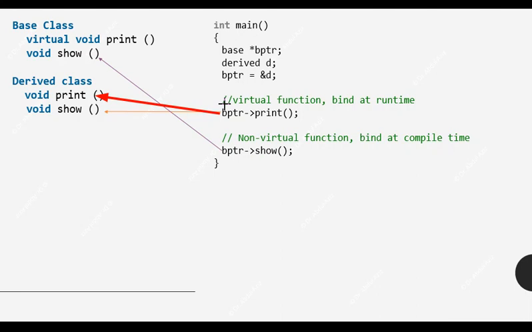But in the case of pure virtual, you can easily observe that always the derived class version will be executed, because it's a pure virtual function.